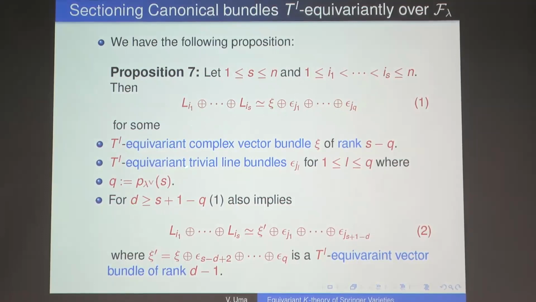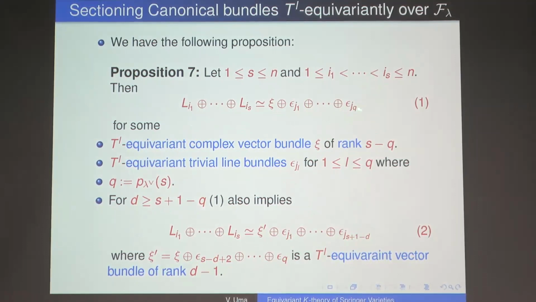But if d is bigger than or equal to s plus 1 minus q, we can modify this a little bit. So psi prime, we can absorb some of the trivial pieces here, and there will be some splitting, epsilon_{j1} up to epsilon_{s+1-d}. They are all trivial bundles.